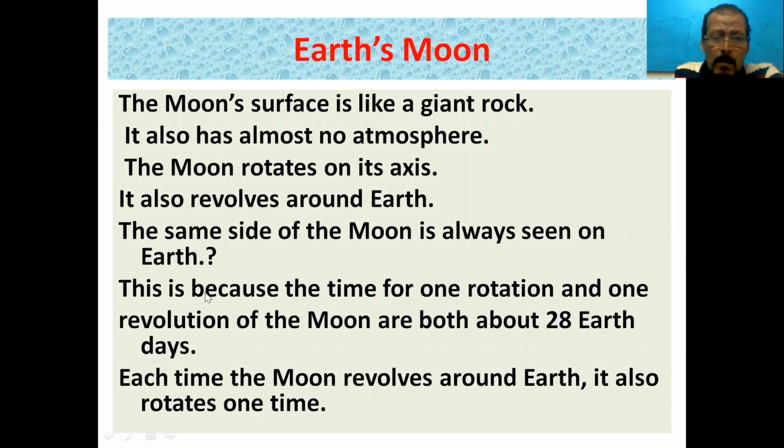We always see it because the time of one rotation and one revolution of the moon are both about 28 Earth days. Each time the moon revolves around Earth, it also rotates one time.